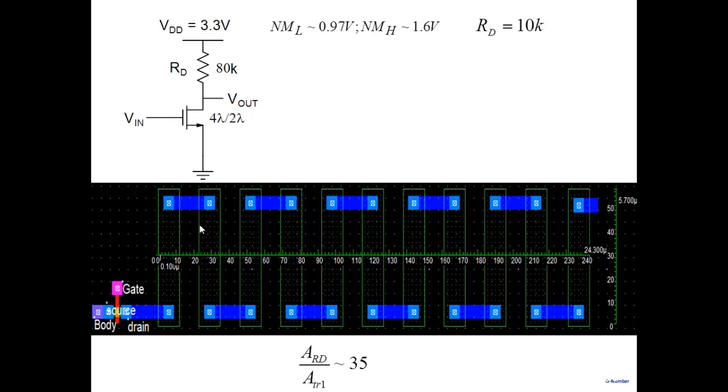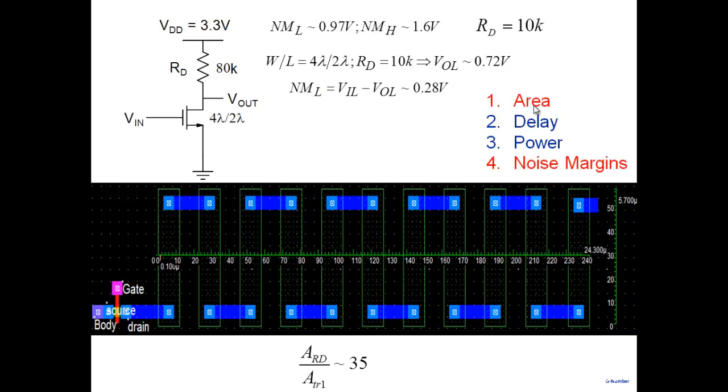It's become smaller. What is the price do you think we'll have to pay? If I put RD equal to 10K, well, let me give you the values. Same, RD equal to 10K. VOL goes to 0.72. NML becomes 0.28. VOL, the lower logic level, which was 0.1 earlier, went up to 0.72.